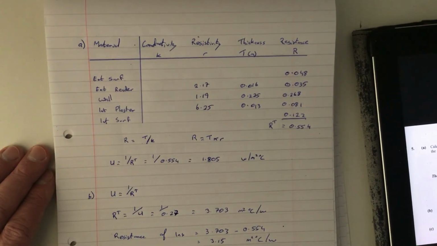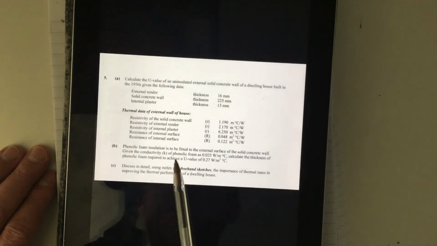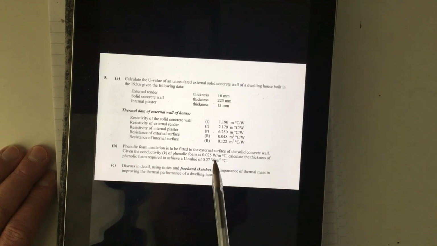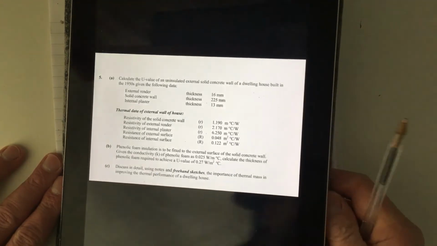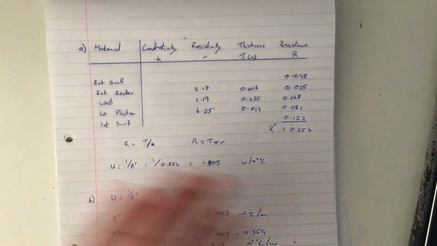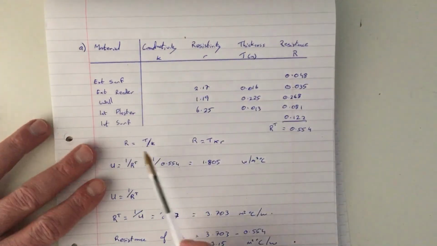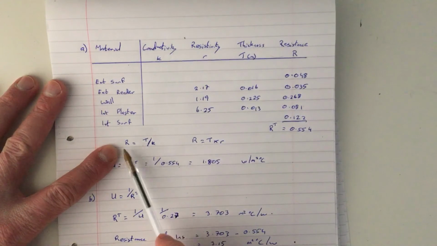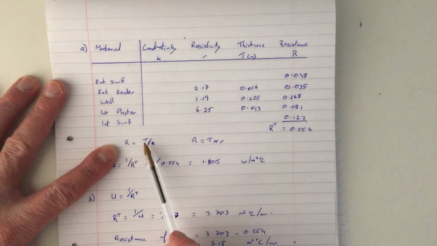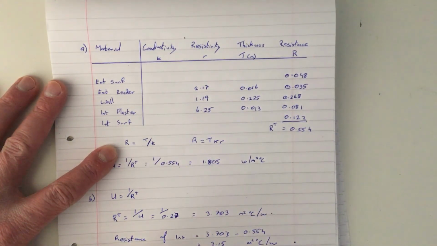If I go back to the question for a second, I am told a conductivity of 0.025. So I'm given a conductivity and I'm going to try and calculate the thickness. So I'm going to write this formula again. R is equal to T over K. Now that is the exact same if you bring your K across.